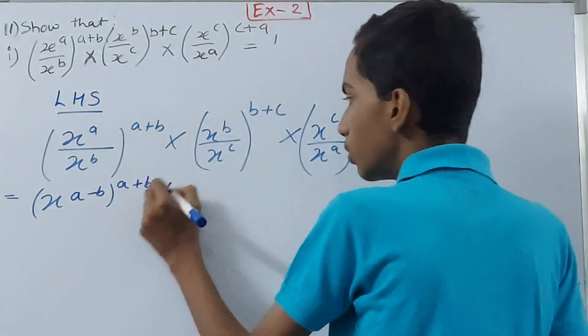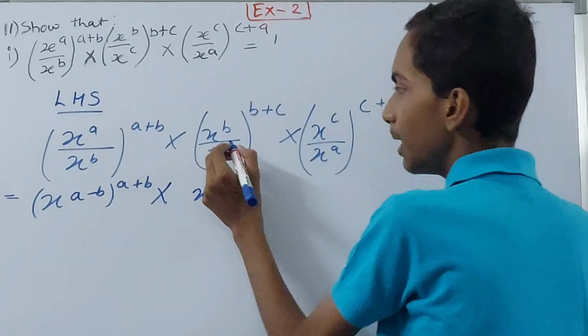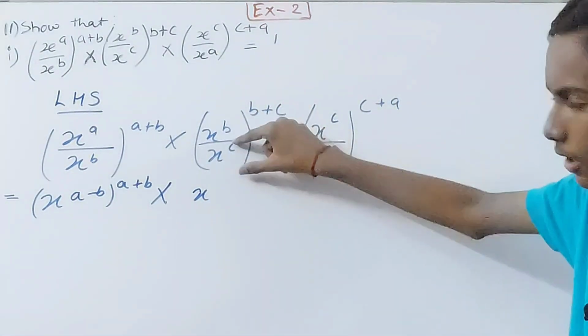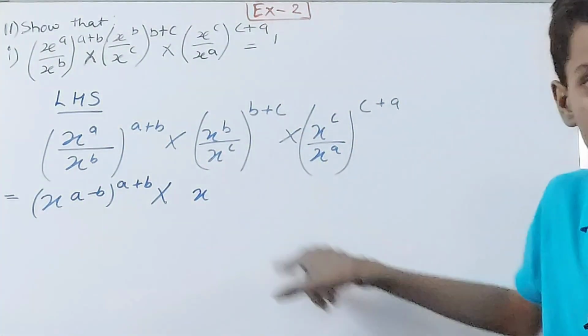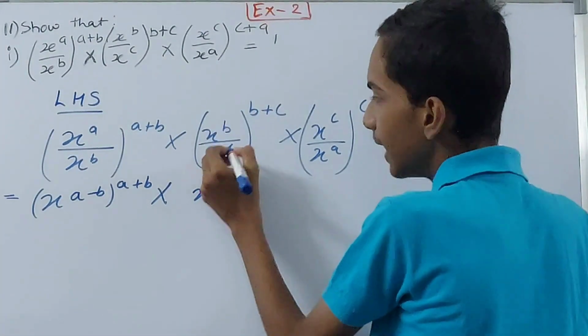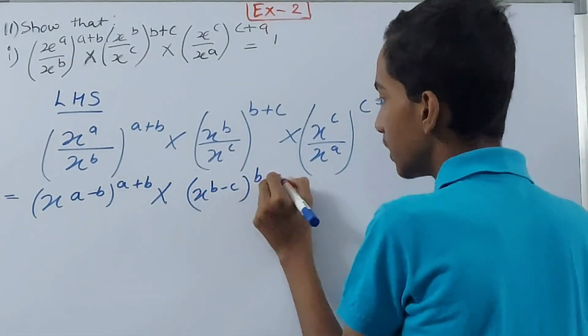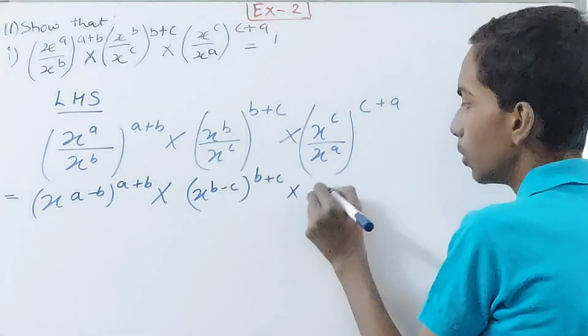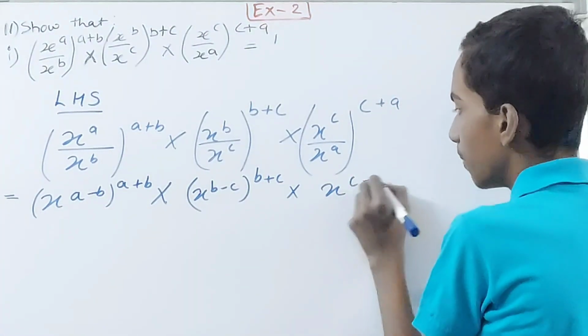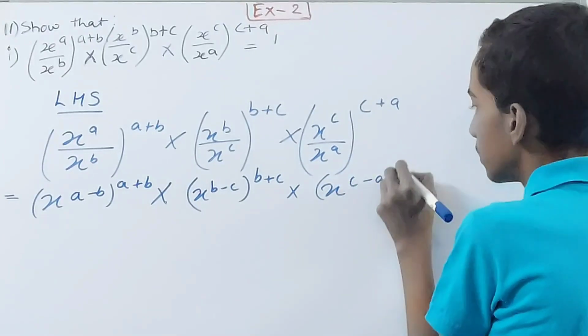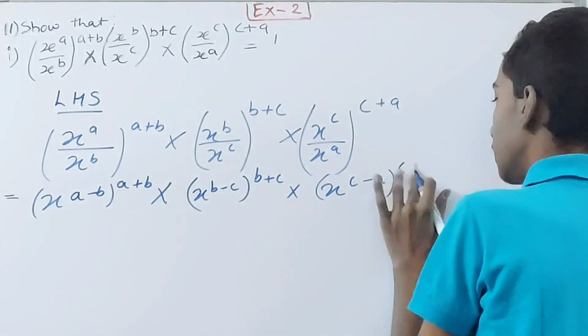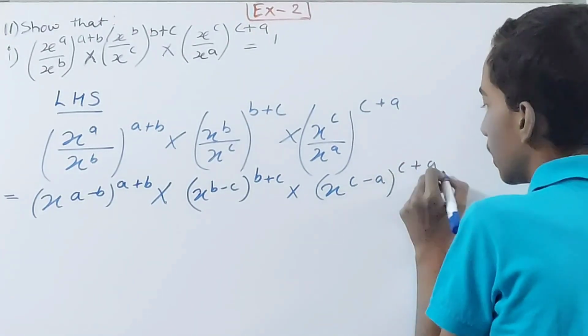Then into x, same rule here, x is there in numerator and denominator, so here also x, and then b and c, so b minus c, we do that. Then b plus c here, again into x to power c minus a, raised to c plus a, not ca, c plus a.